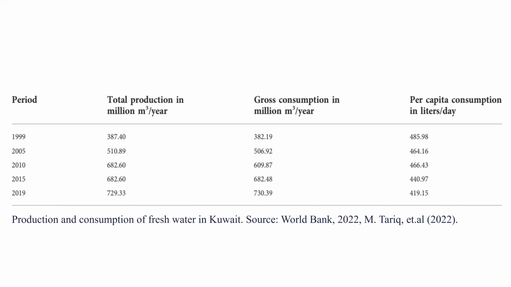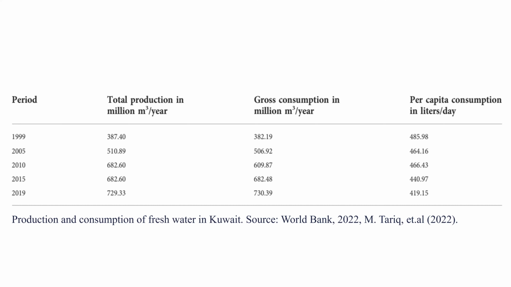Here you can see, for example, in the third column, gross consumption in million cubic meters per year. In 1999 it was 382, and in 2019 it has almost doubled to 730.